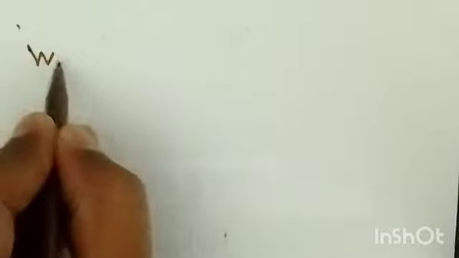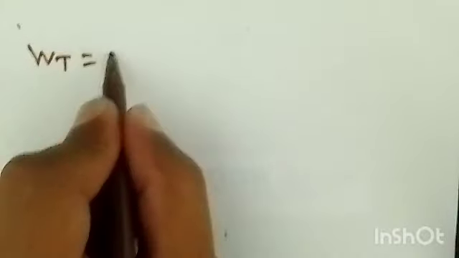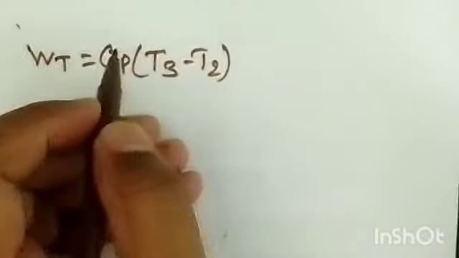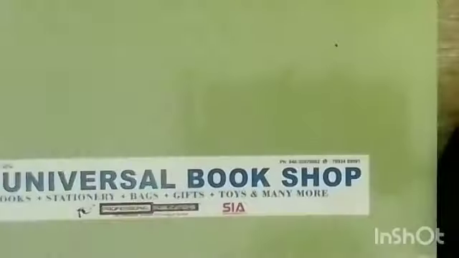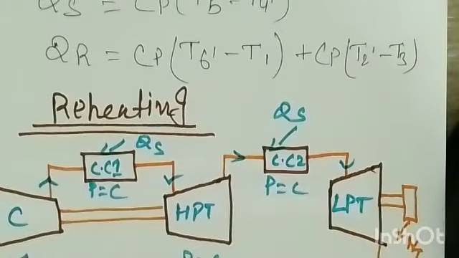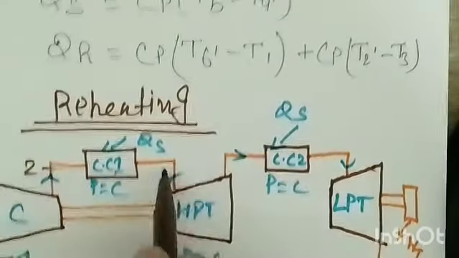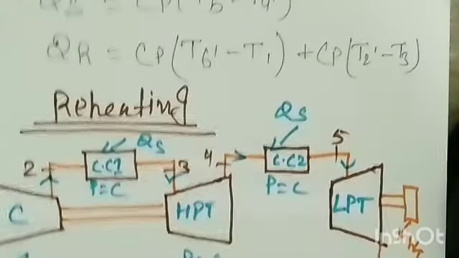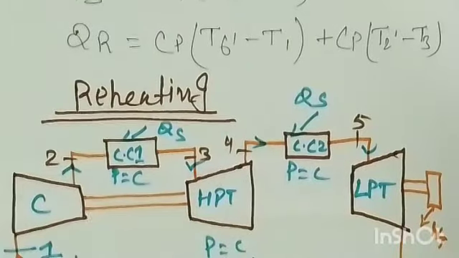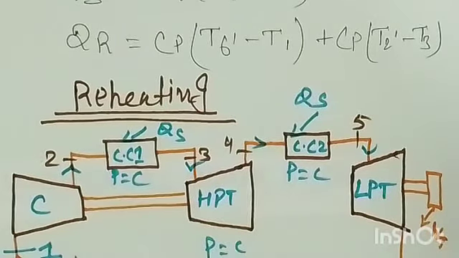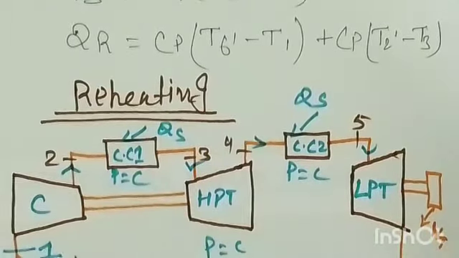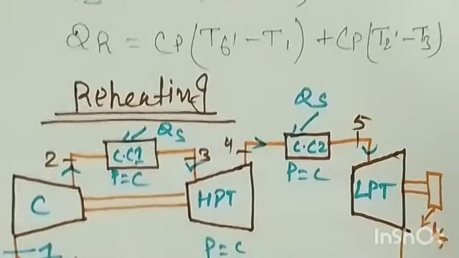Now, turbine work is equal to what? This is 1, 2, 3, 4, 5 and 6 now, meaning 1 to 2 dash, 2 dash to 3, 3 to 4 dash, 4 dash to 5, and 5 to 6 dash. These are the actuals, right?